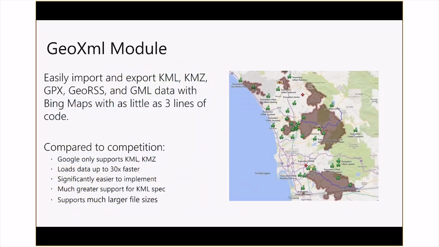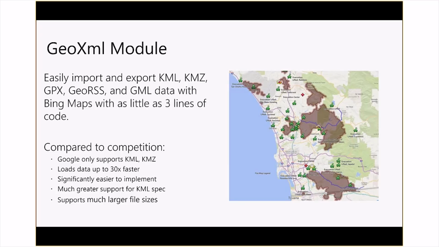And the last thing that I'll mention as we're looking back at the core platform is the GeoXML module, which we added last year. And this is what allows you to import data from industry standard file formats like KML, which is the Keyhole Markup Language made popular in Google Earth, KMZ, which is the compressed version of that, GPX, GeoRSS, a whole bunch of file formats.